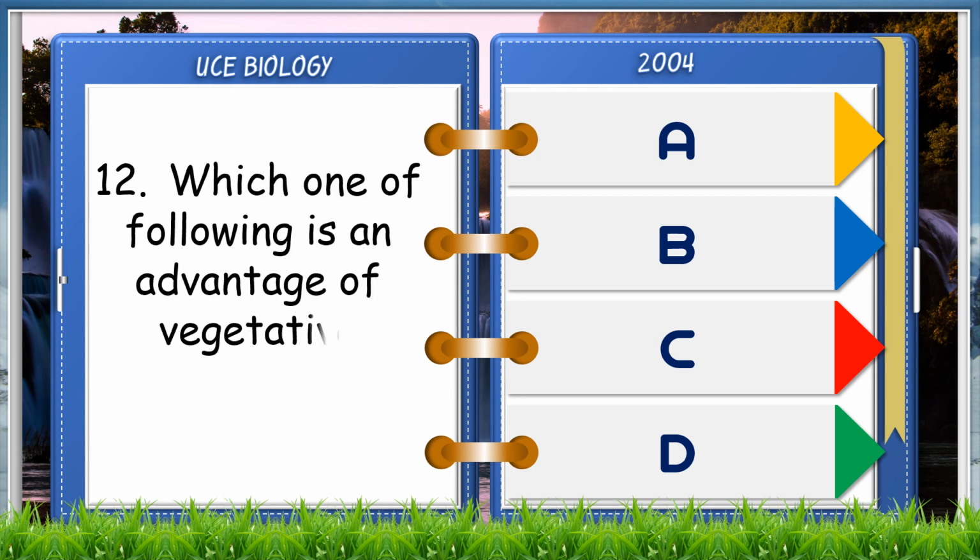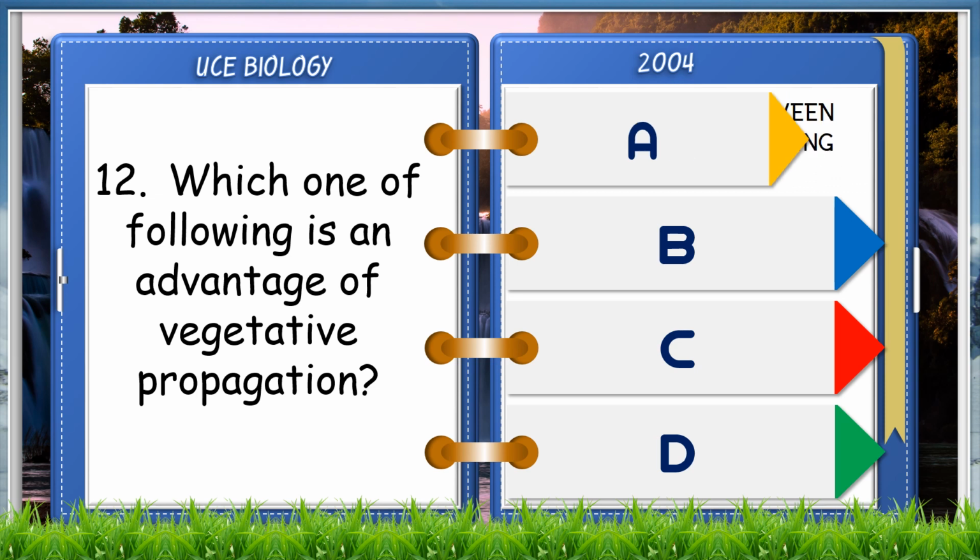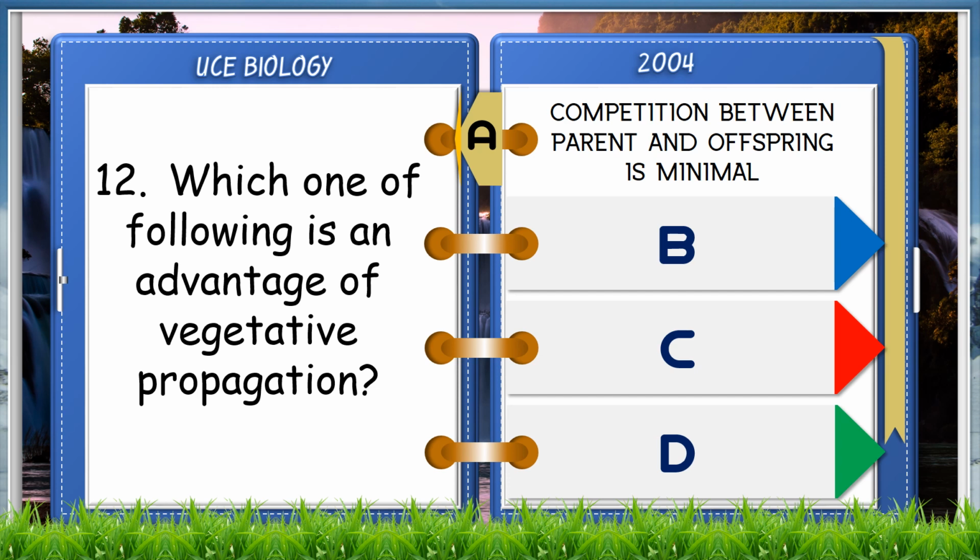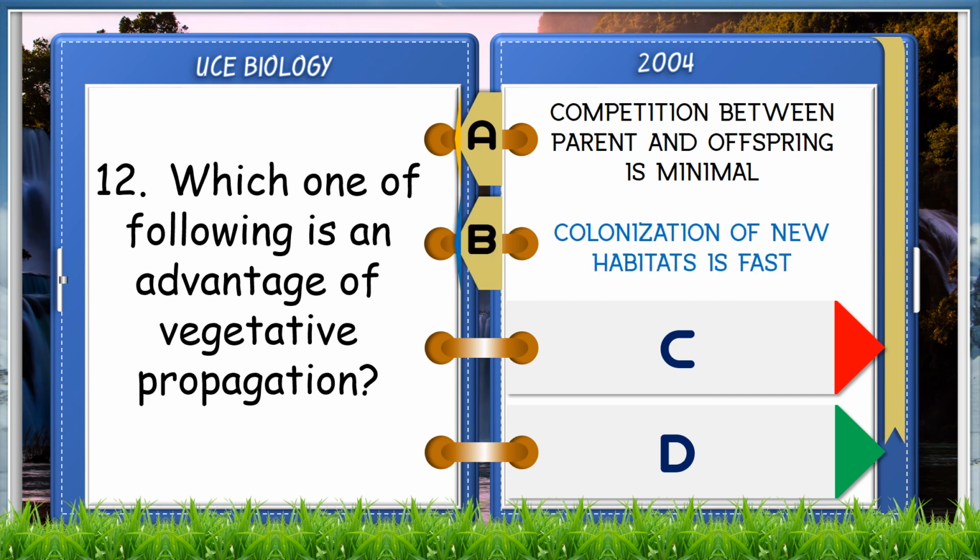Which one of the following is an advantage of vegetative propagation? A. Competition between parent and offspring is minimal. B. Colonization of new habitats is fast.